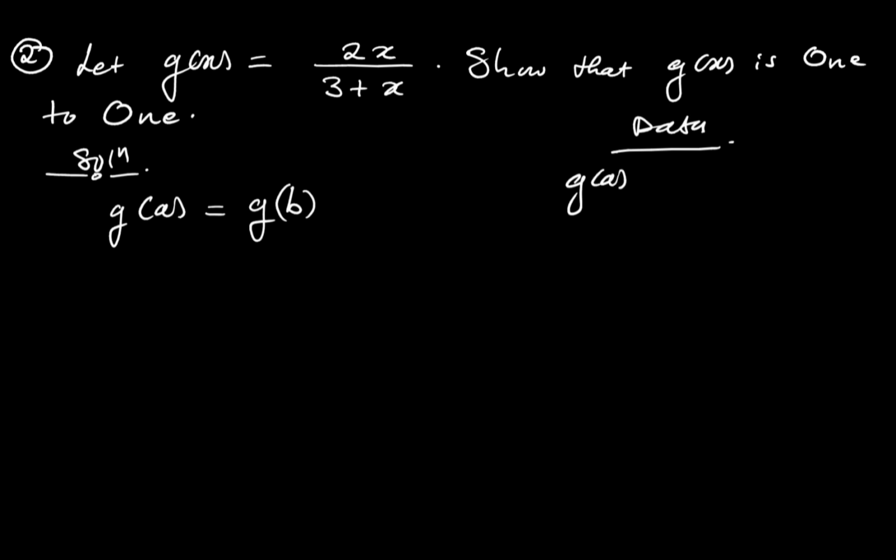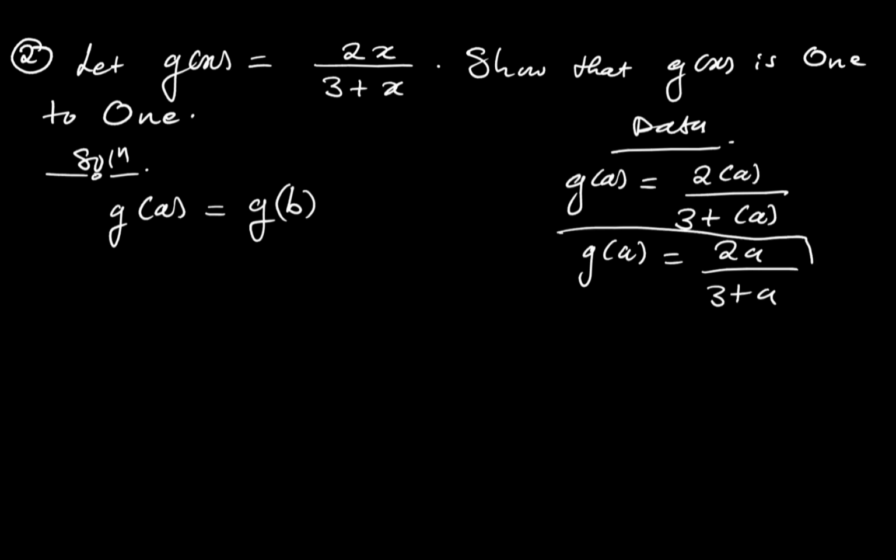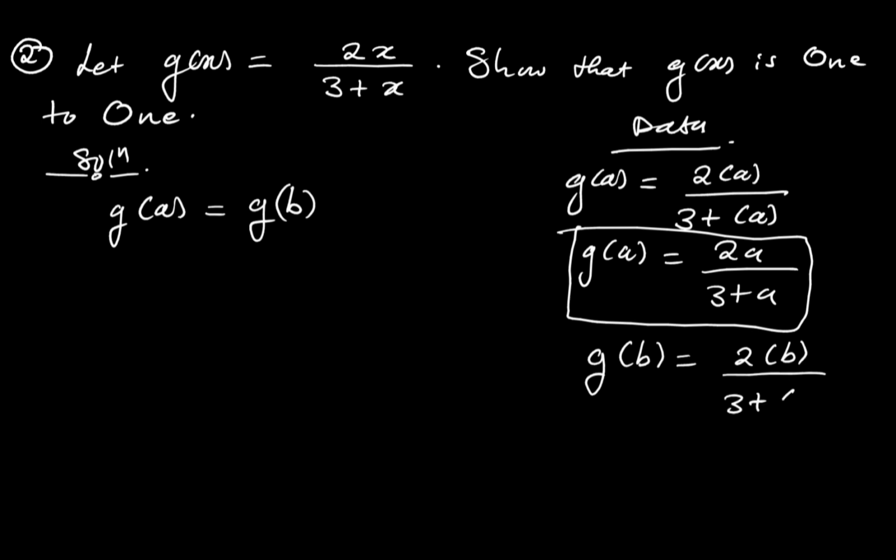Look for g at A, which means that for every x value in the g function, I have to put A. So I have 3 plus A. So g at A is equivalent to 2A over 3 plus A. So I already have my g at A. Now I can look for my g at B, which means that for every x, I place B. So 2B over 3 plus B. So g at B is equal to 2B over 3 plus B.